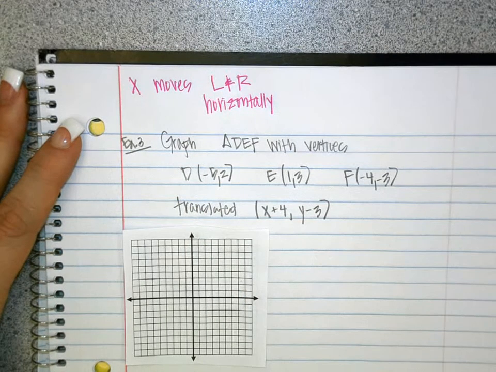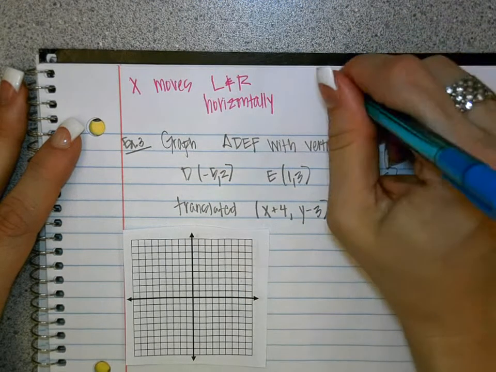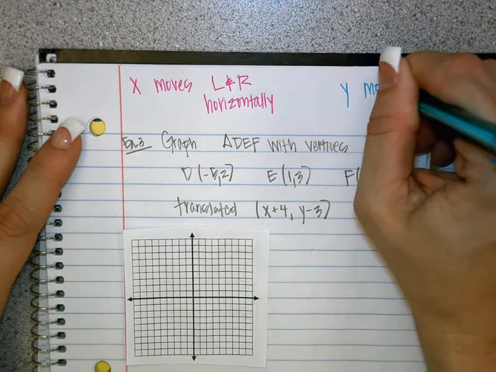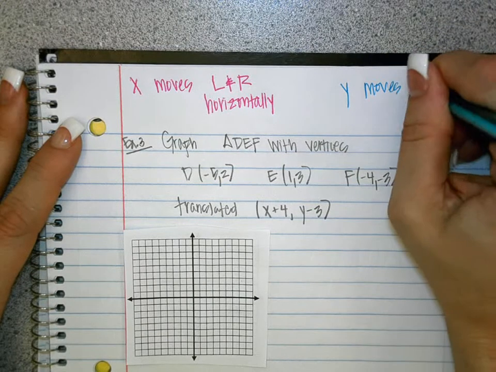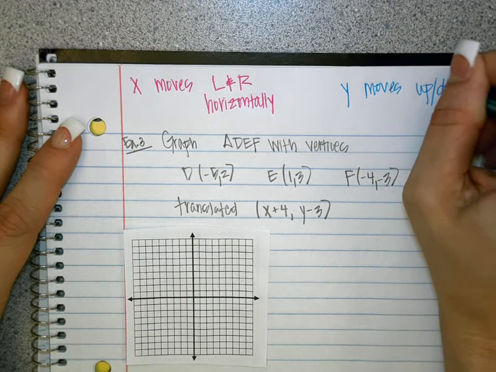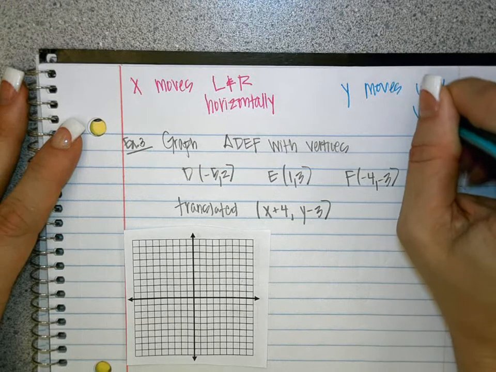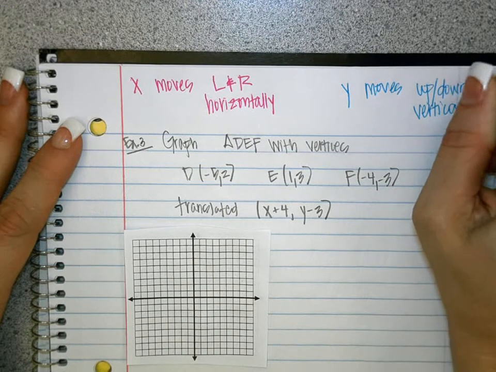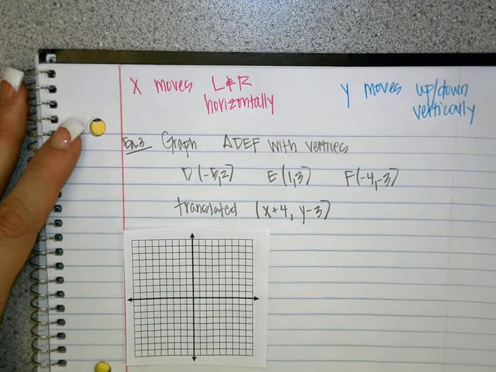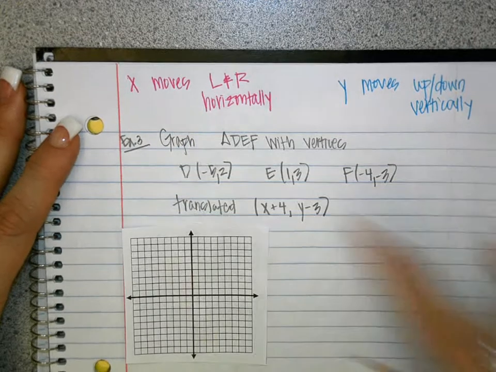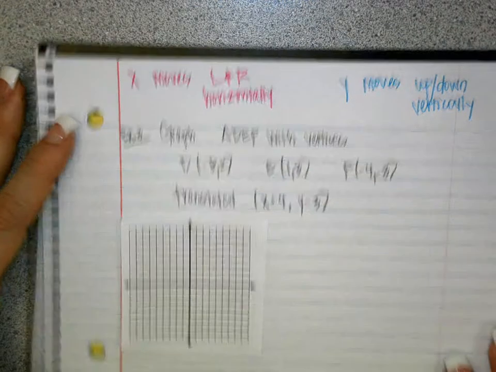So then Y tells you how to move which way? Y tells you to move up or down, which is also known as vertically. You're probably going to want to keep that somewhere so that you can remember it, because that's going to be really important for you.